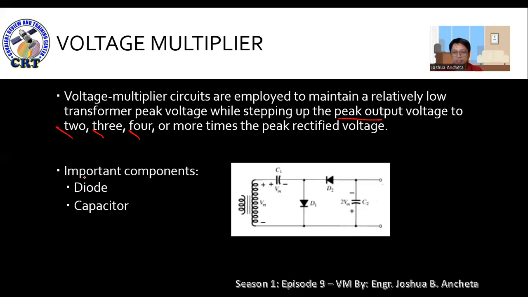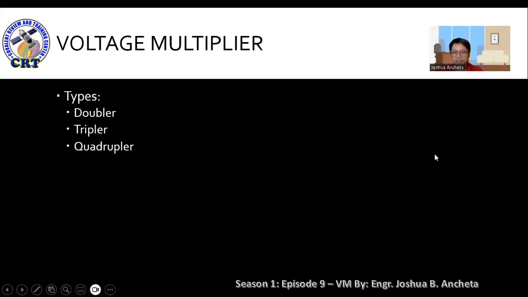The important components here to implement this voltage multiplier are the diode, rectifier, and capacitor. There are three types of voltage multiplier that we are going to tackle here: voltage doubler, voltage tripler, and voltage quadrupler.